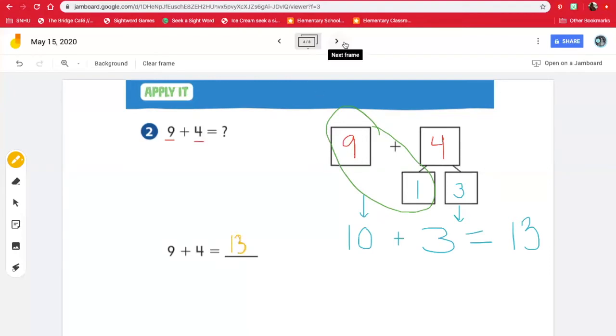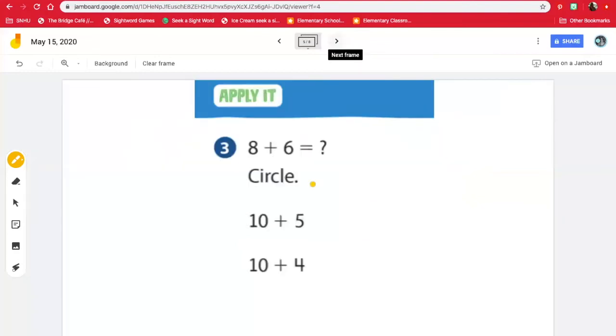Let's move on. All right, we need to circle what is a similar equation that will give us the correct answer. So we have 8. Let's draw a number bond. We have 8 plus 6 will go in this one.